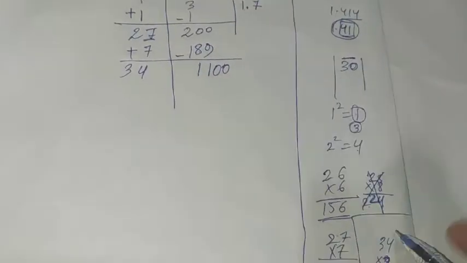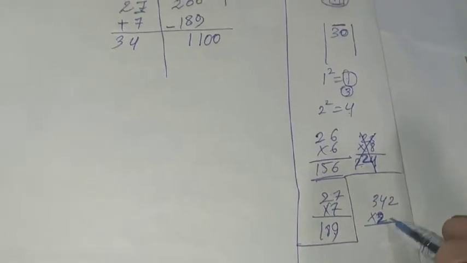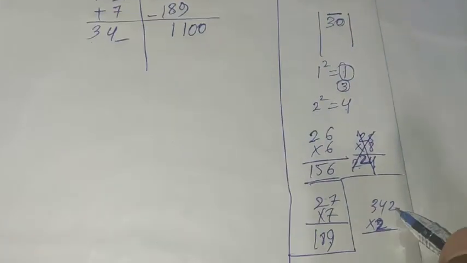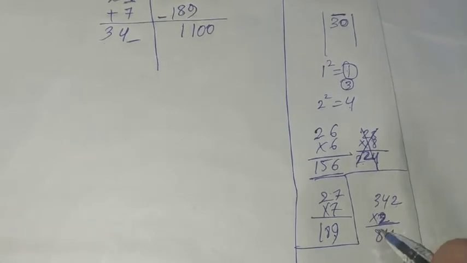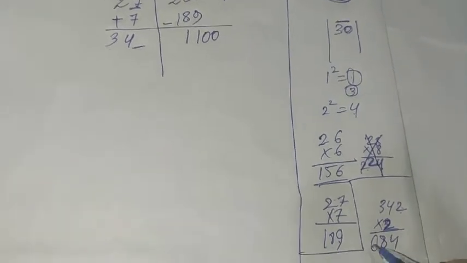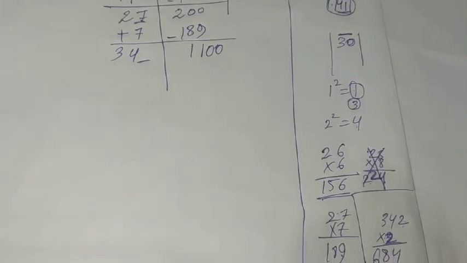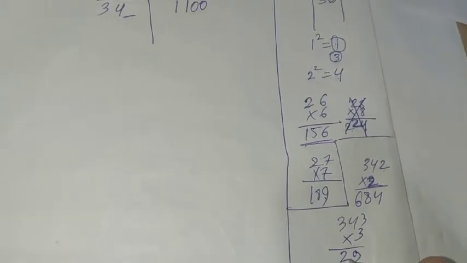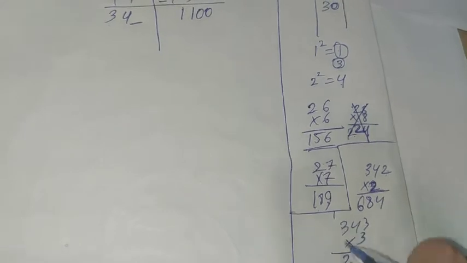Now let us assume 342 as the other number. We need one more digit here. So 342: 2 twos are 4, 2 fours are 8, 2 threes are 6. Let us find the nearest one again. 343: 3 threes are 9, 3 fours are 12, 2 in hand, 1, 3 threes are 9, 10.